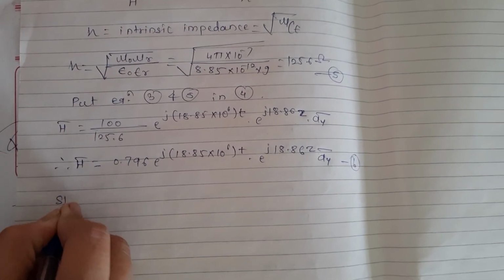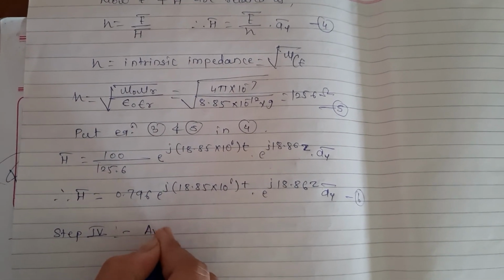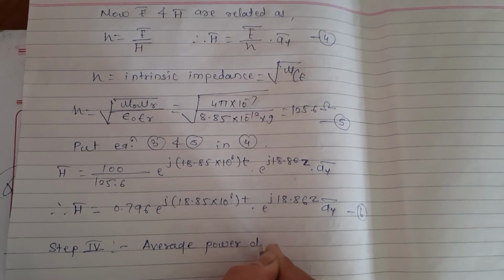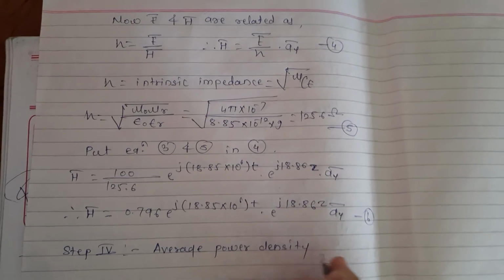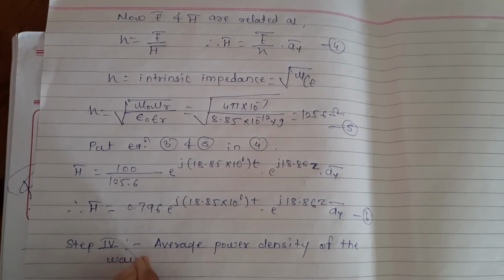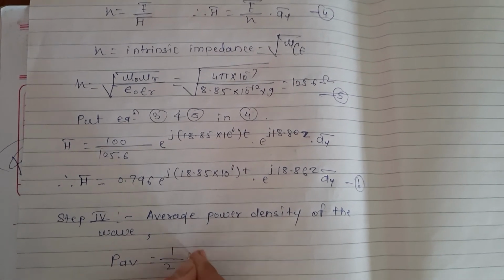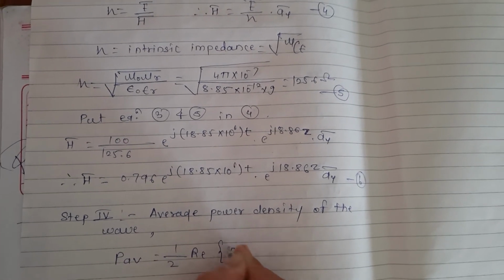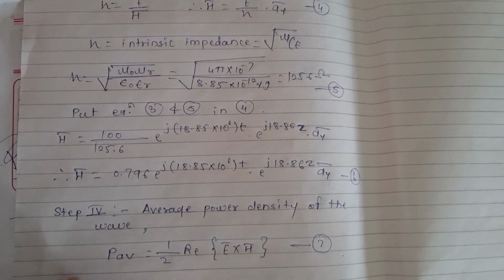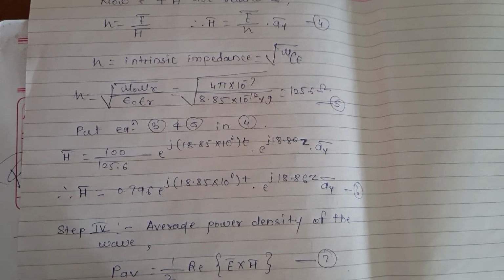Next is step 4. Step 4 is average power density. The average power density of the wave is given by P average is equal to 1 by 2 Re of E bar cross H bar. This is equation 7. Now here, what is Re?